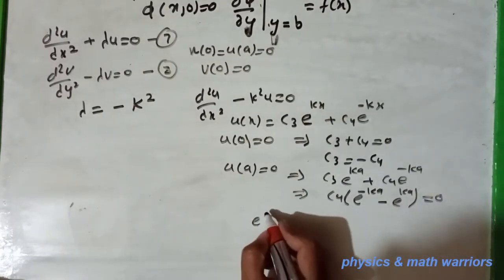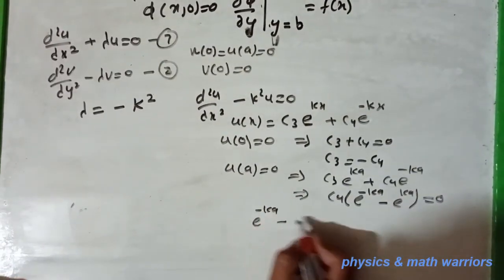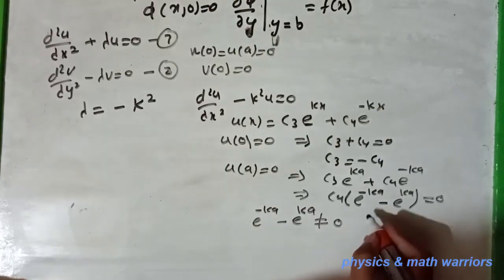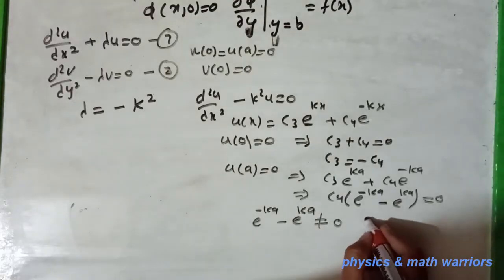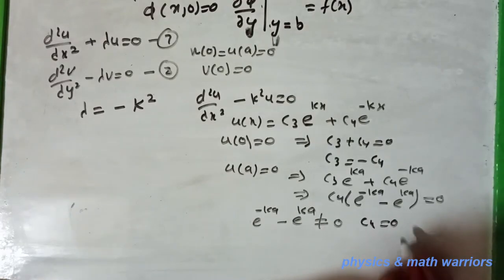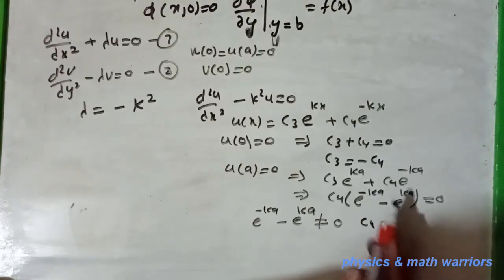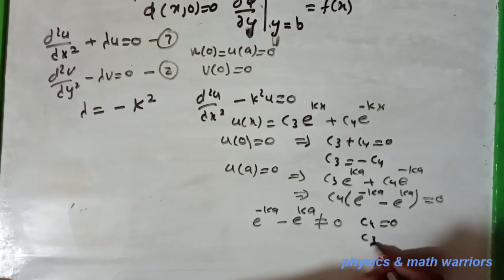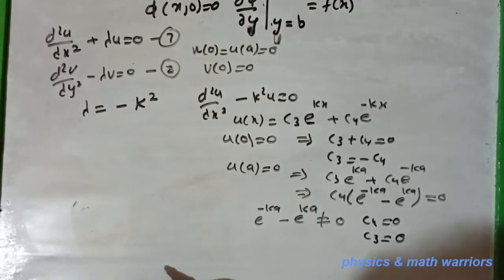Since exponent minus ka minus exponent ka is not equal to 0, c4 is equal to 0. Since c3 is equal to minus c4, if c4 is equal to 0, then c3 is also equal to 0.